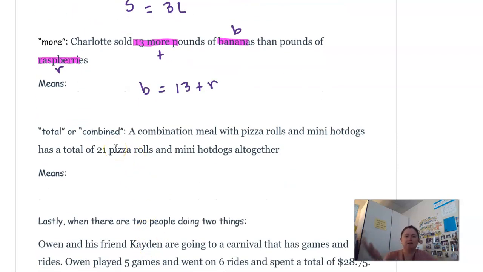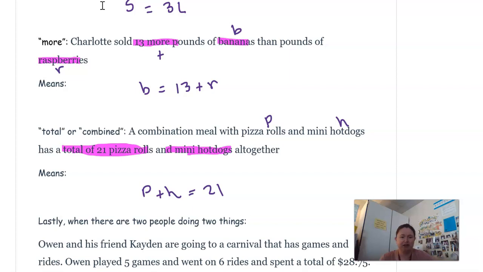Okay, let's look at total or combined. Now we did a combined one in the other equation, but you also might see total. I did an example of total here. "A combination meal with pizza rolls and mini hot dogs has a total of 21 pizza rolls and mini hot dogs all together." If P stands for pizza rolls and H stands for mini hot dogs, then we're going to have P plus H equals 21.